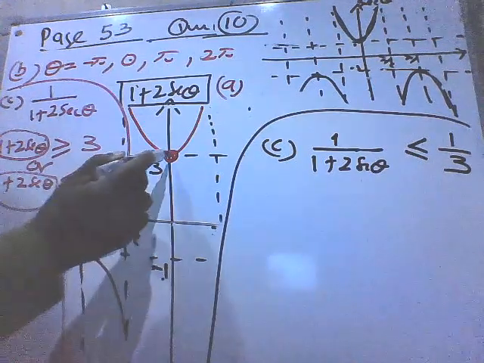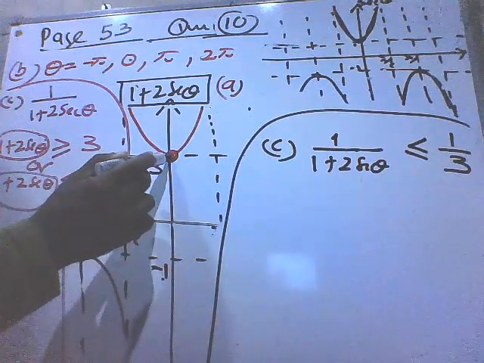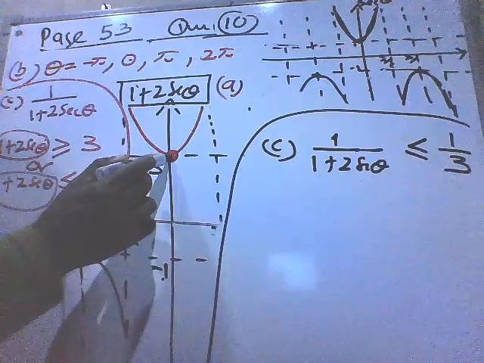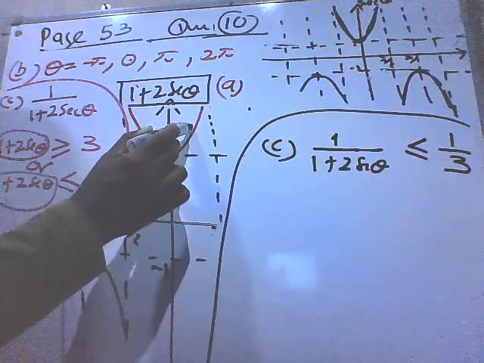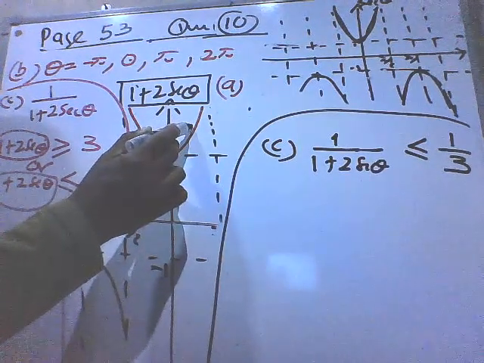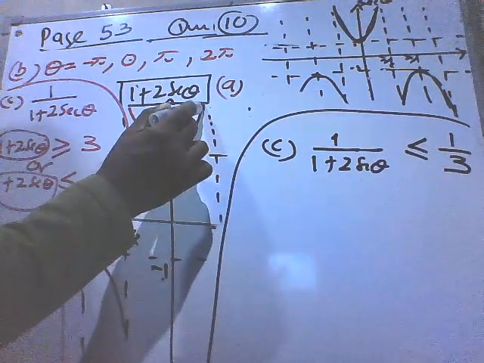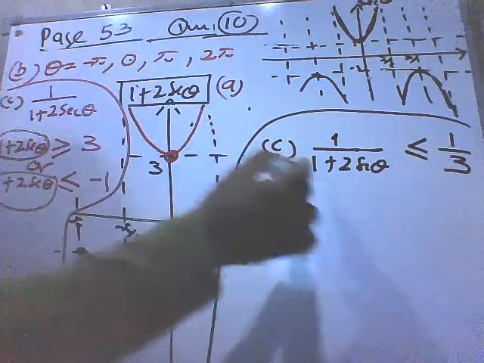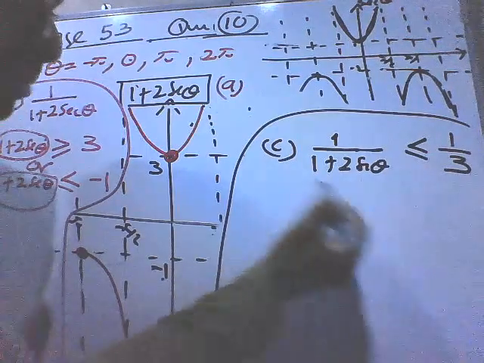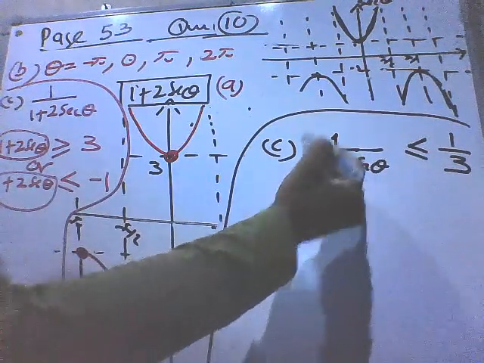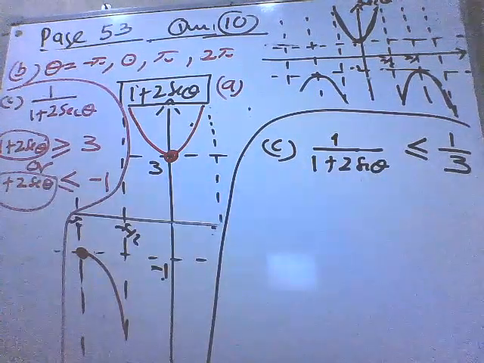That means when it is here, 1 over this value is 1 over 3, here it is 4, then 1 over 4, a little smaller, always smaller, and finally when it reaches 0, it becomes bigger and bigger as theta goes. So always this is less than this one.